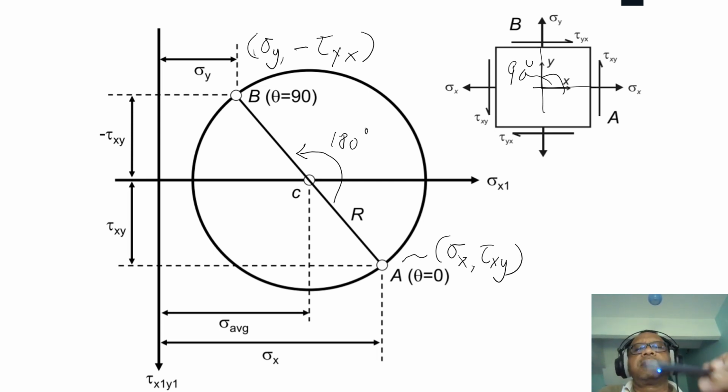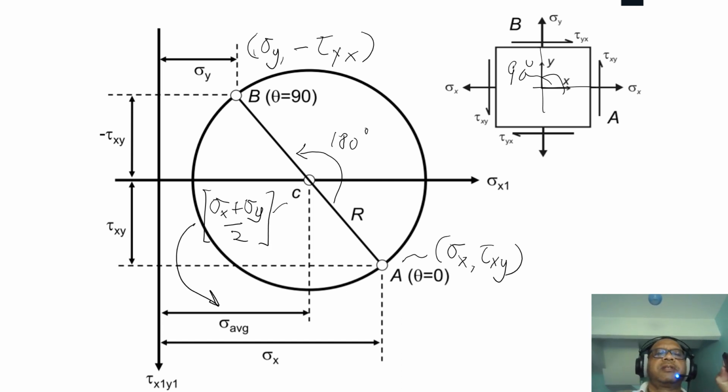The values are the same. And then the average stress is sigma x plus sigma y over 2, which is C. This C is sigma x plus sigma y over 2. So this gives you the average stress.